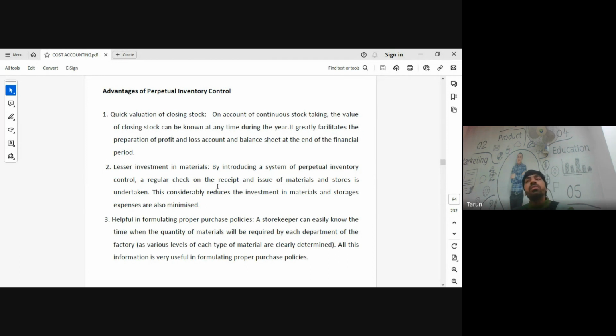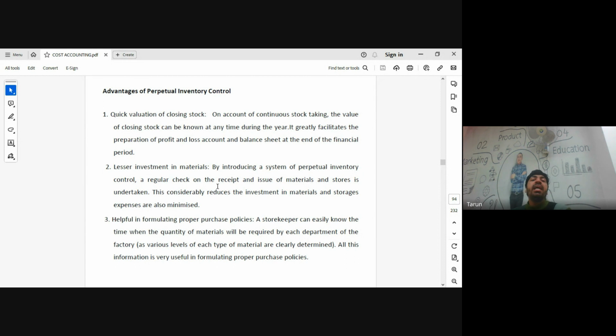The store of the material is also being undertaken. So this process will automatically reduce wastage, overstocking and losses. So it portrays that less investment will be needed, or it helps to invest less in materials.